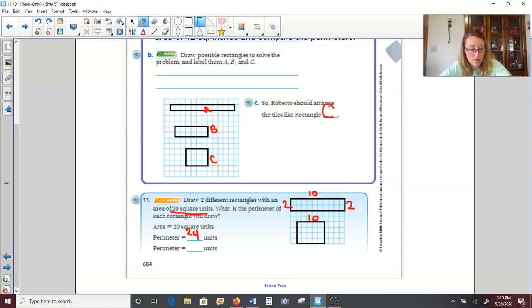Okay, if I do 4 rows of 5, 4 times 5 is 20, so that works. 5 would go up here on the top and 4 on the other side. Anyways, what would our perimeter be? 5 plus 5 is 10. 4 plus 4 is 8. Totaling out 18. So just those two rectangles of 20 square units for the area have a perimeter of 24 and then a perimeter of 18.